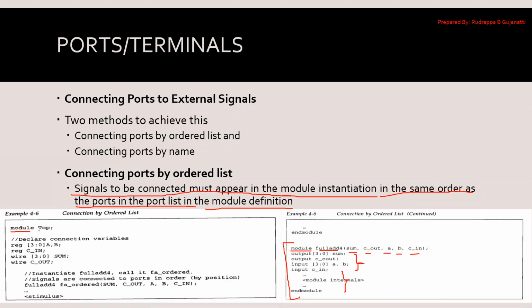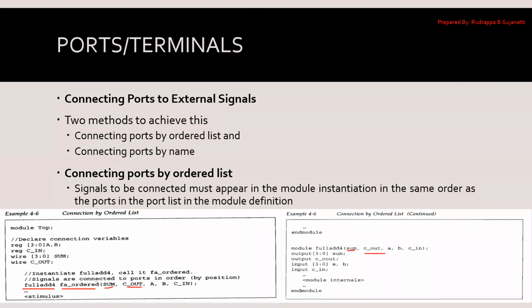In the top module, we are creating the instance. I'll not go into this one. Here you can see we have full add 4, which is the name of the module. Then we have FA underscore ordered. The first parameter we are using is sum, relevant to sum.